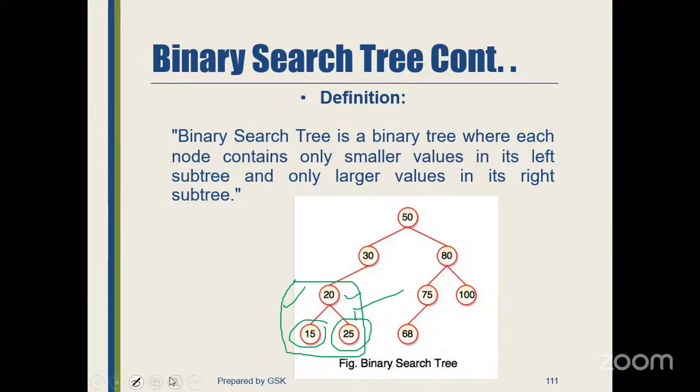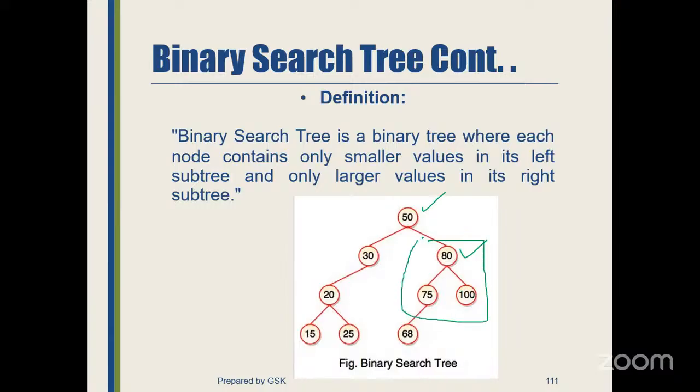Coming to the right side subtree, 80 is greater than 50 because it is a right subtree for 50. And if you consider this a subtree, 80 is the root node, and for the left subtree, that value must be less than 80.